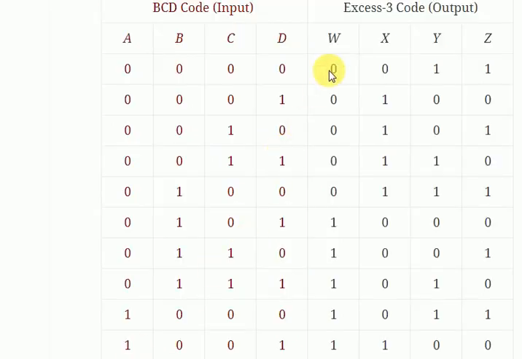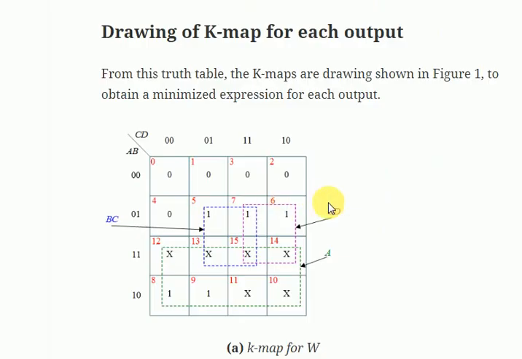From this truth table, the W output is 1 for M5, M6, M7, M8 and M9, and for all other combinations, that is M0, M1, M2, M3 and M4, it's 0. For M10, M11, M12, M13, M14 and M15 we have the don't care condition.